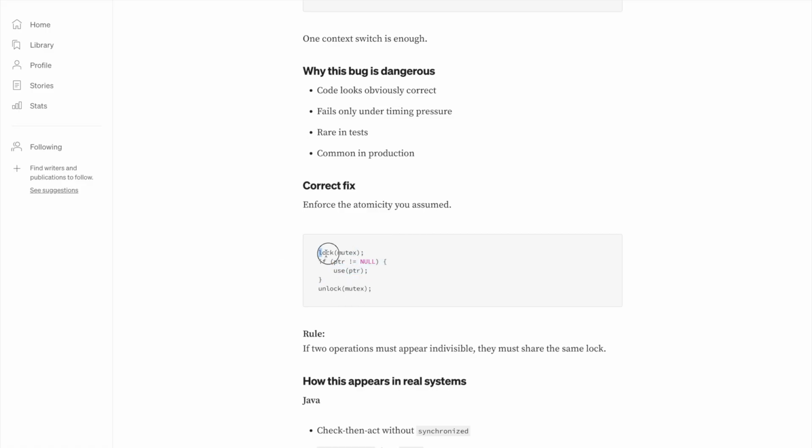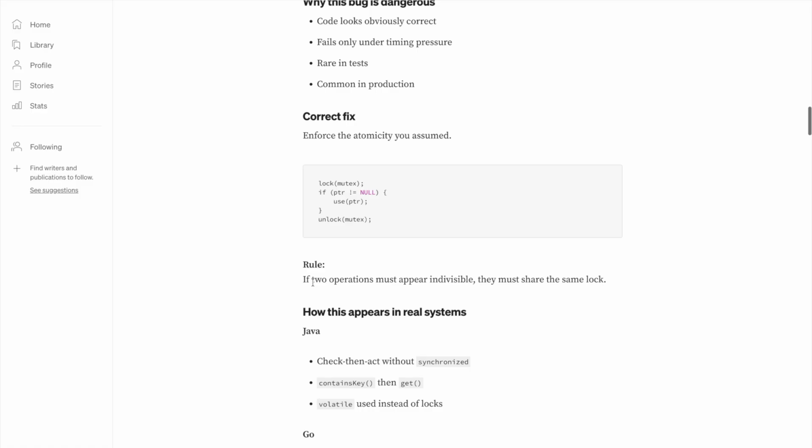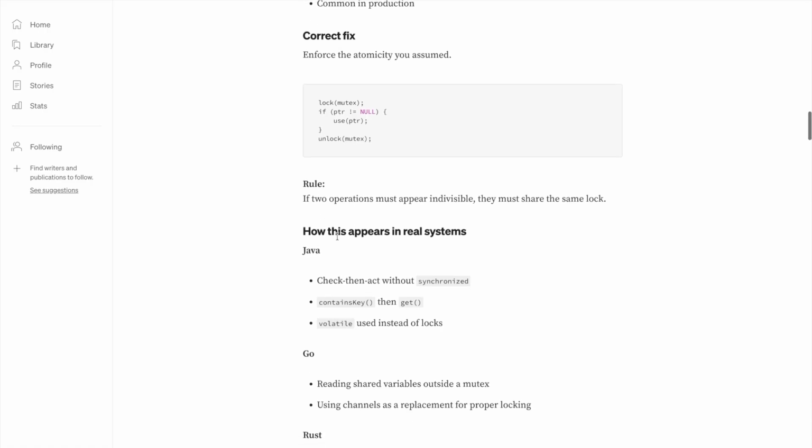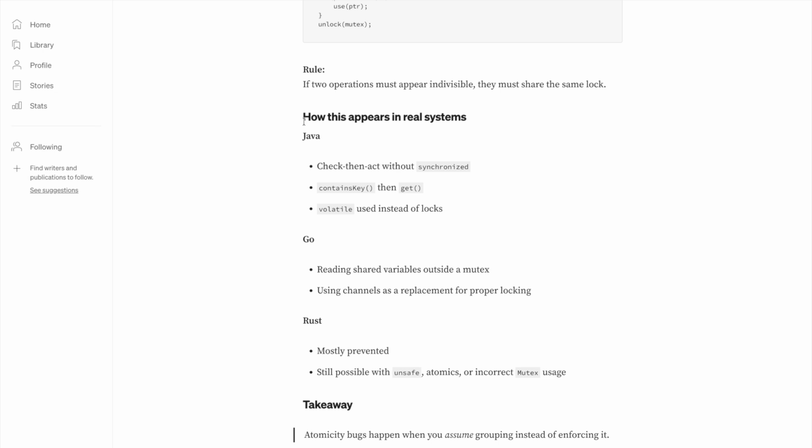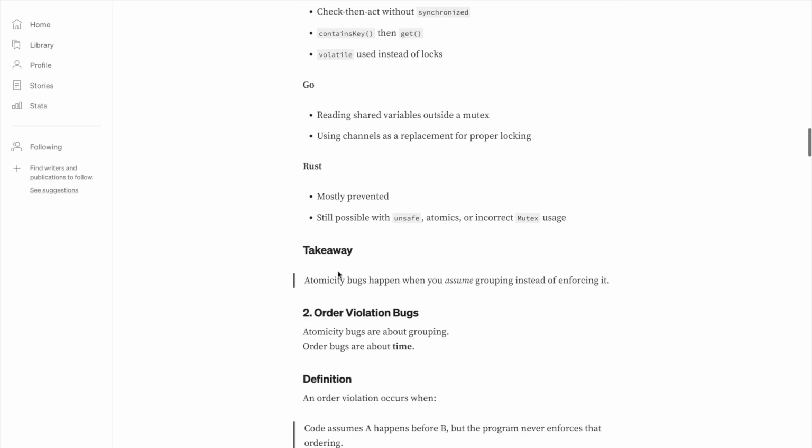Until this is done, another thread can't use the same variable. If two operations must appear indivisible, they must share the same lock. These are some examples in different languages. The basic takeaway is that atomicity bugs happen when you assume grouping instead of enforcing it.